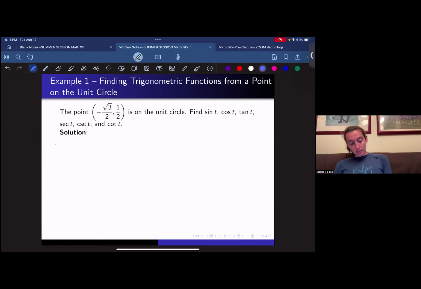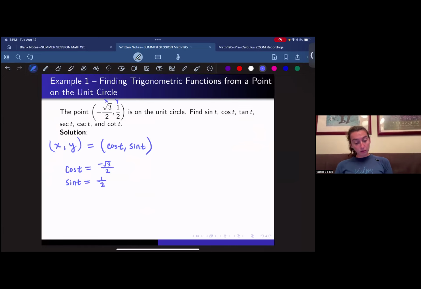Lucky for us, x comma y, which is given to us, our x and our y, is the same as our cosine of t and sine of t in polar coordinate form. So this tells us that our cosine of t is negative square root of 3 over 2. Our sine of t is 1/2, right? 2 down, 4 more. What about our tangent of t?